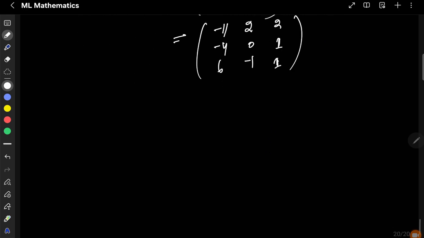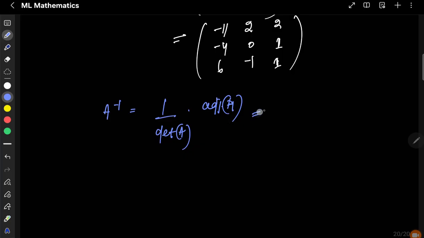And I already told you what the inverse of a matrix is. The inverse of a matrix is 1 by determinant of A into adjoint of A. Sorry, again I'm making a mistake.